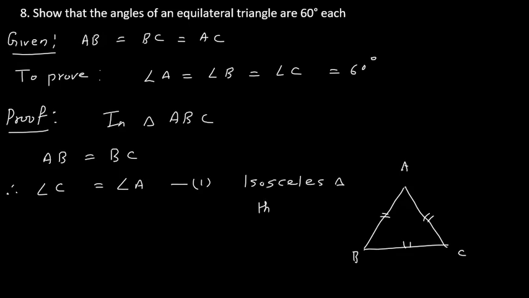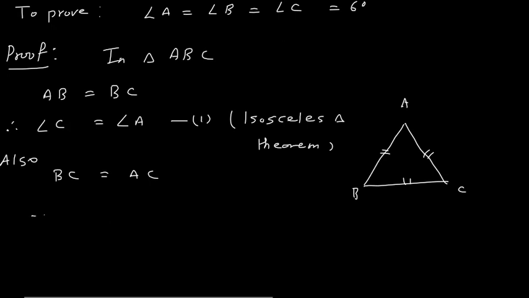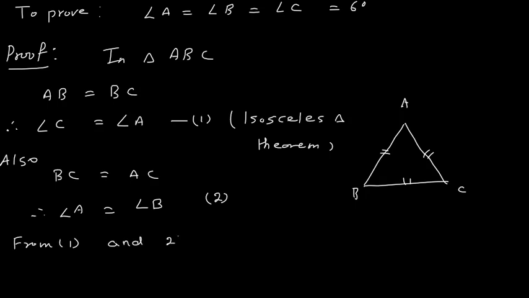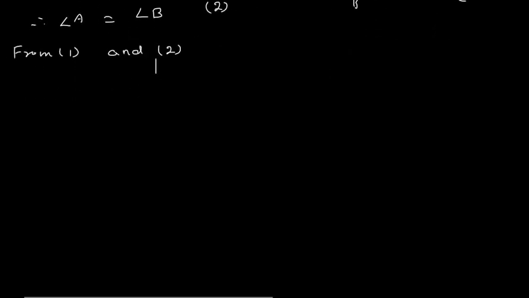In the same way, we have BC equal to AC. Therefore angle A is equal to angle B. This is equation 2. So from 1 and 2, angle A is equal to angle B is equal to angle C.